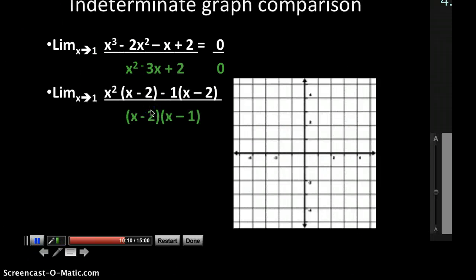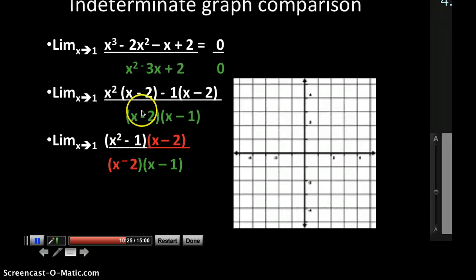The denominator also factors nicely. You'll notice here the way the numerator is rewritten is x squared minus 1 times x minus 2. You'll notice the denominator has the x minus 2, and those cancel. That's a curable.